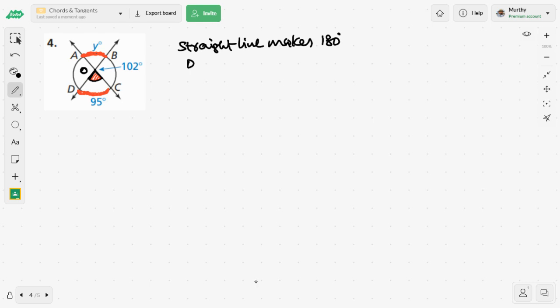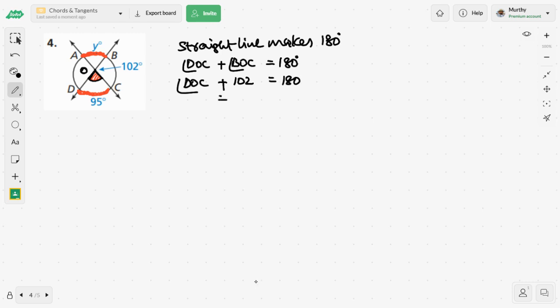Therefore, angle DOC plus angle BOC equals 180 degrees, and the value of BOC is given as 102. Therefore, DOC plus 102 equals 180.